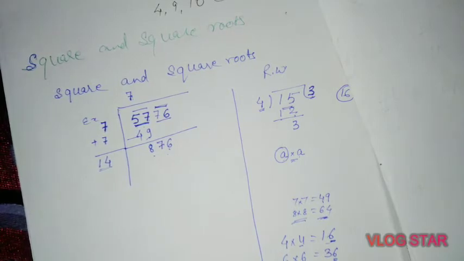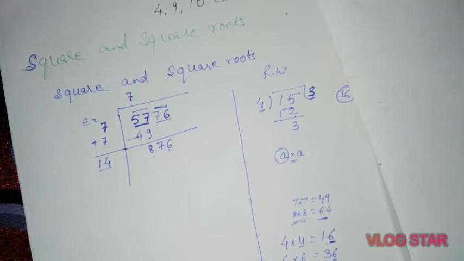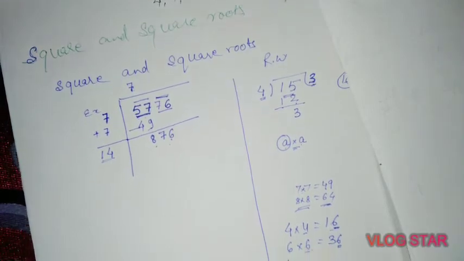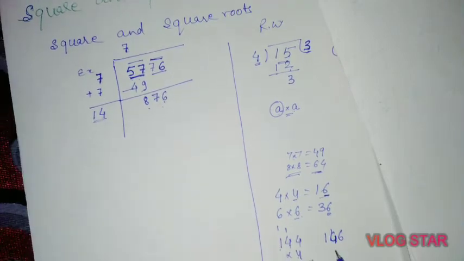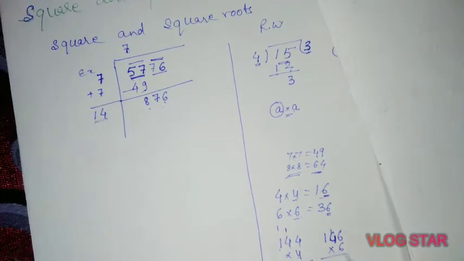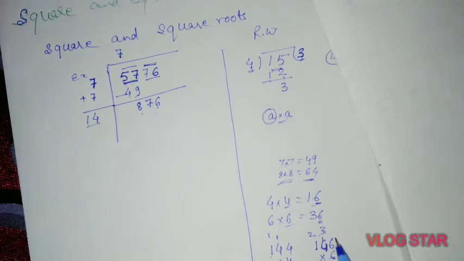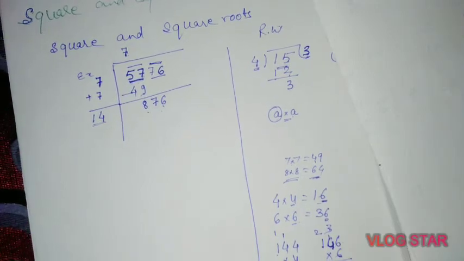Now we try 6. 146 into 6. 6 6s are 36, carry 3. 6 4s are 24, and 24 plus 3 is 27, carry 2. 6 1s are 6 plus 2, 8. Now we are getting 876 on multiplication with 6.